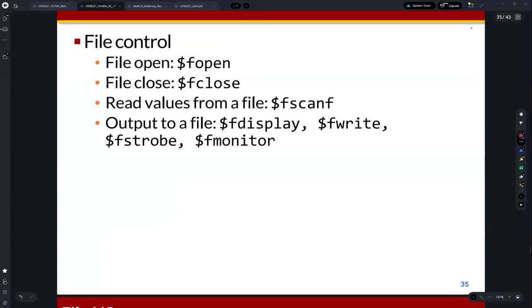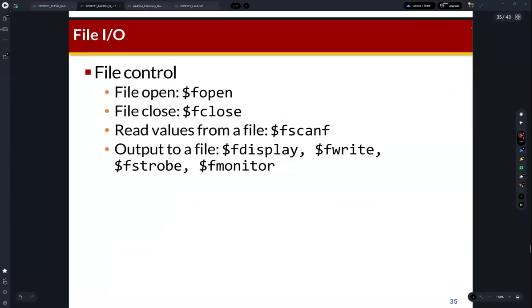We can also use the file IO in the test bench. The syntax is very similar to C. SystemVerilog supports the file open function as fopen, and the file close function as fclose. And we can read some values from a file using fscanf.